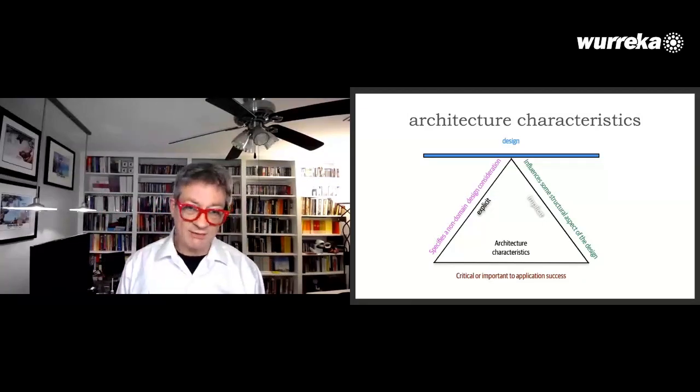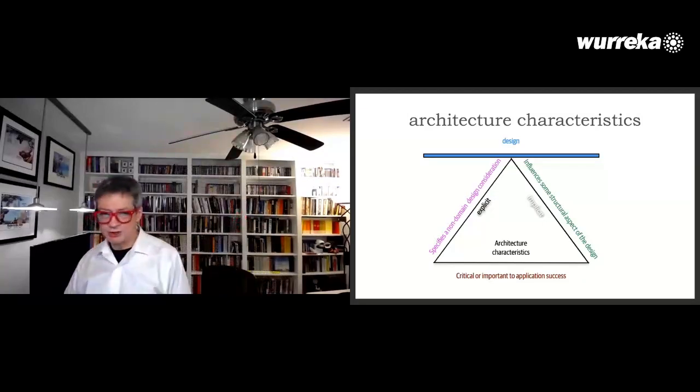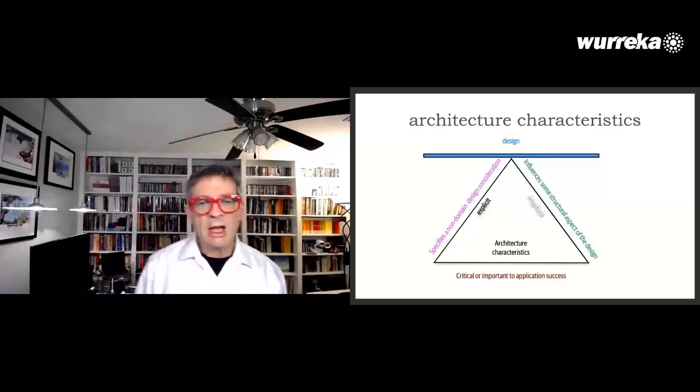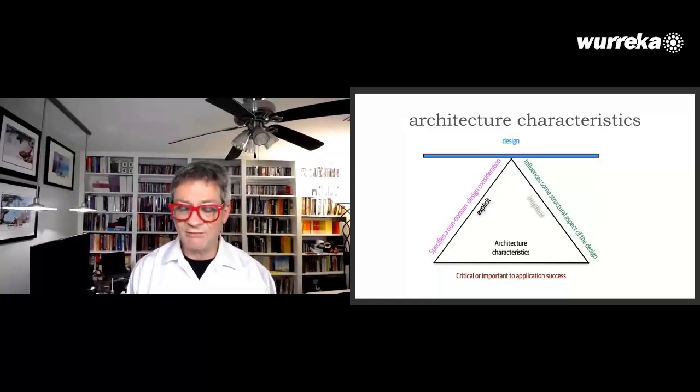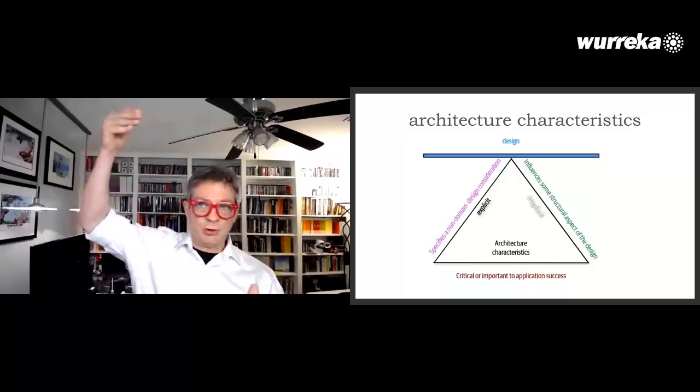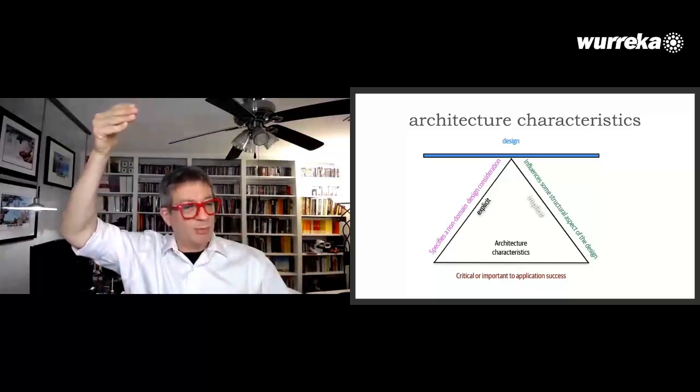Now, why do we say 7, this magic number? Well, this is really per architectural element, which I'll talk about in a second. There's nothing magical about 7, but the problem is the more of these you support, the more complex your design becomes. And often these things interfere with one another. Architecture characteristics are synergistic, meaning that, for example, if I improve security, I will probably impact performance.